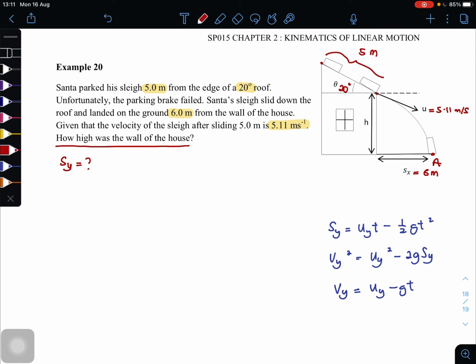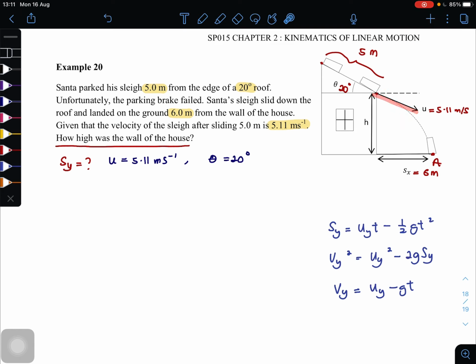Okay, so let's list down the information first. So we have the value for U, the initial velocity, 5.11 meters per second. And then we are given the angle, 20 degrees. Okay, so as usual, if we have the value for velocity and we are given the value for angle, we need to resolve into two components, X and Y. Okay, since it is already drawn here, U is towards this direction, which is downwards.